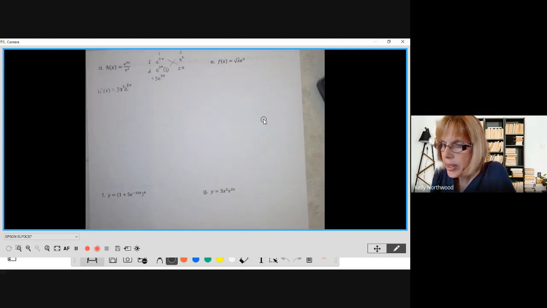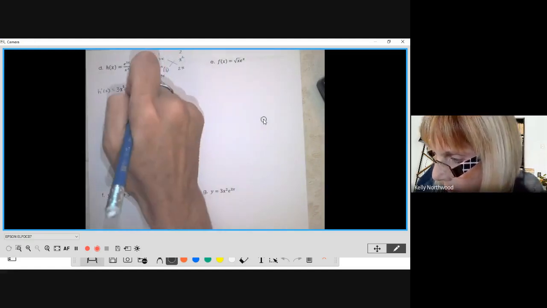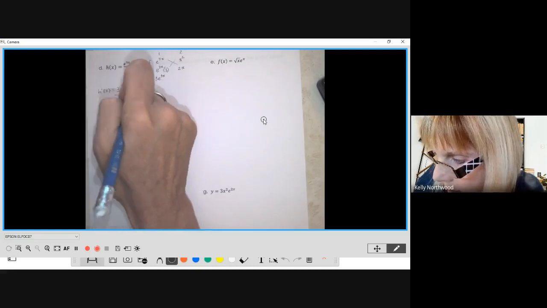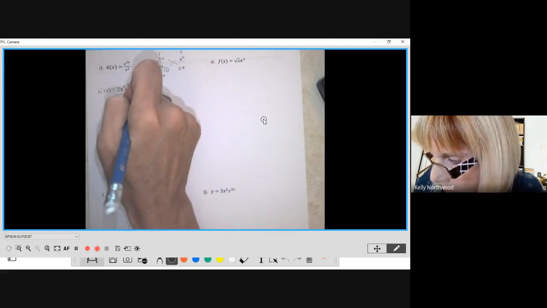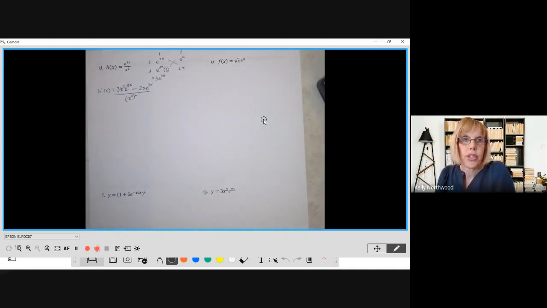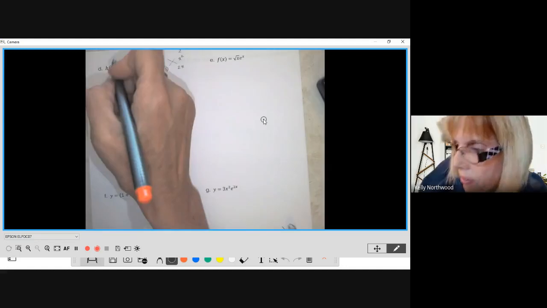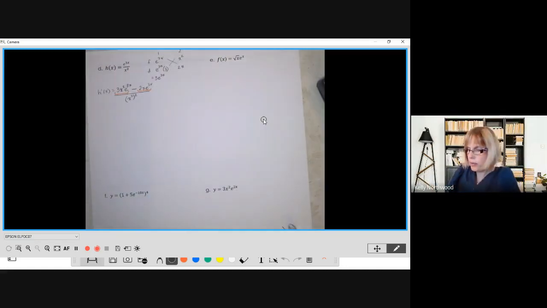So 3x squared e to the 3x minus 2x e to the 3x over x squared, squared. That's just applying the quotient rule. And then again, I want to look and see if I've got a common factor amongst the terms in the numerator.